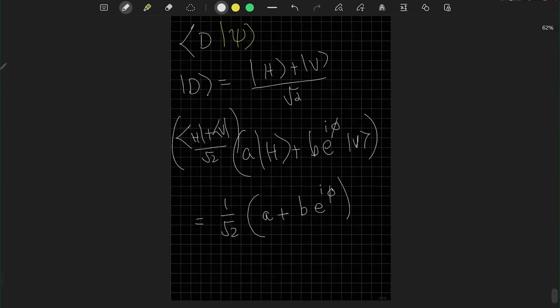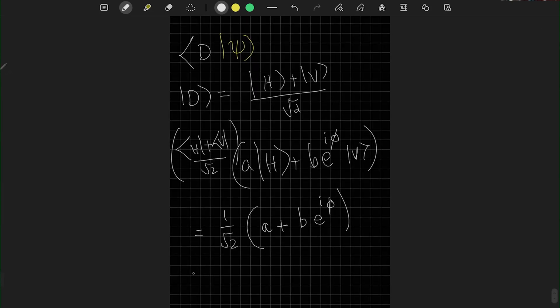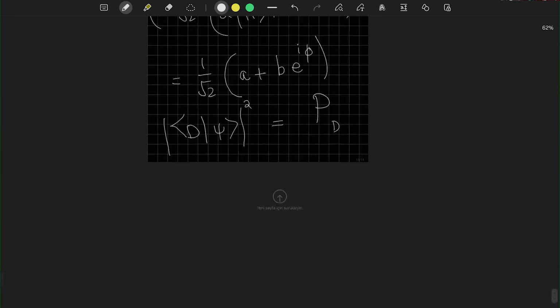Now if I were to find the modulus square of this, which is the probability of measuring D. So suppose I have this hypothetical beam splitter that can split into D and A channels instead of H and V channels. Let's see what happens.